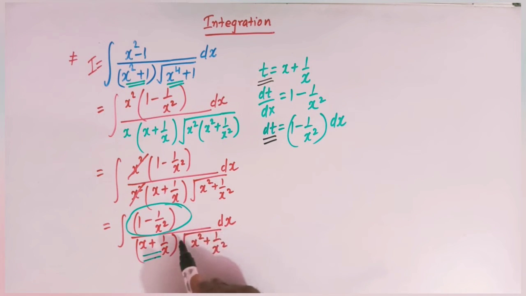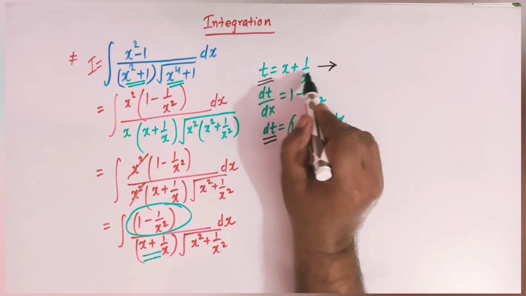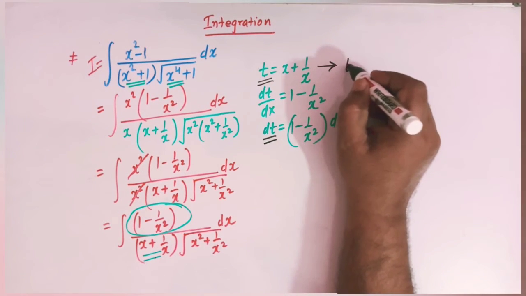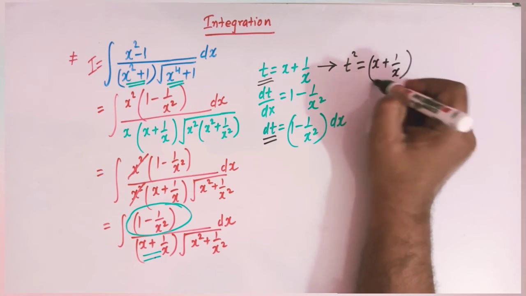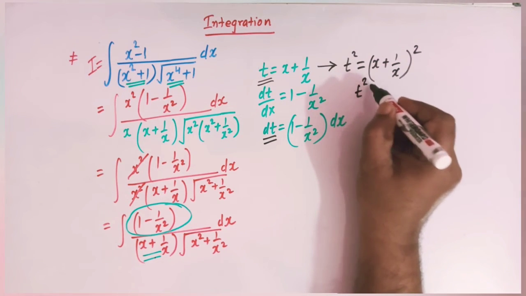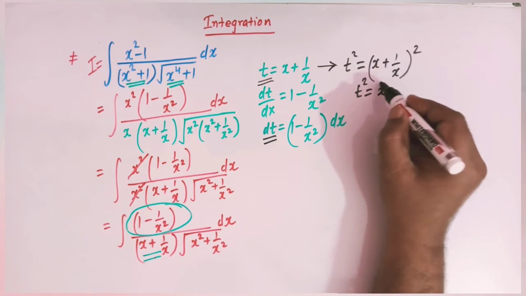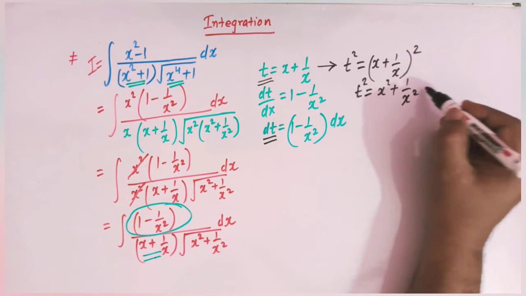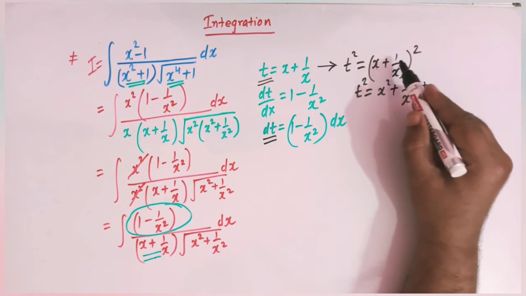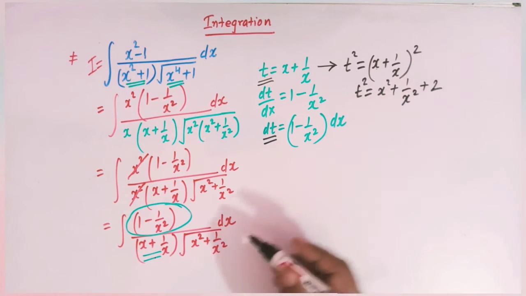But what about this term, right? Here we have x square plus 1 over x square. So if we now take the square of both sides, this is t square, and here we have x plus 1 over x whole square, right? And now the square of these two terms is x square plus 1 over x square, and then we have 2 times x multiplied by 1 over x, x and x get cancelled, so we are left with 2, right?